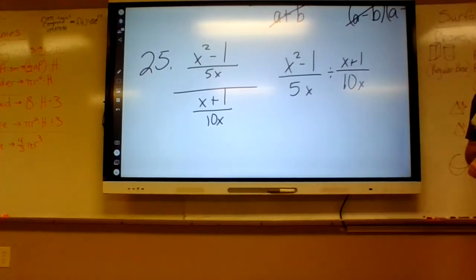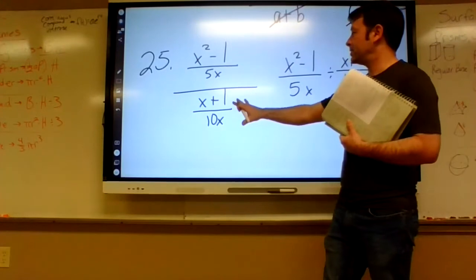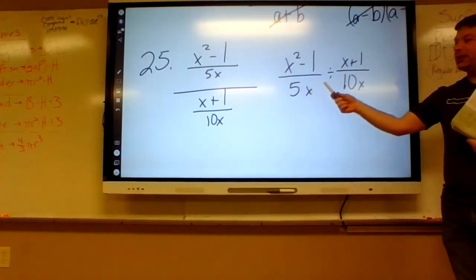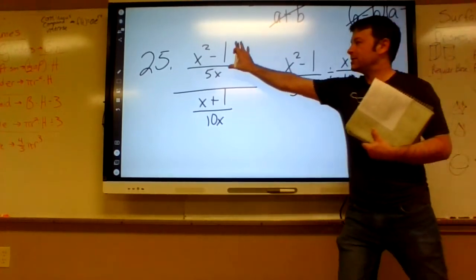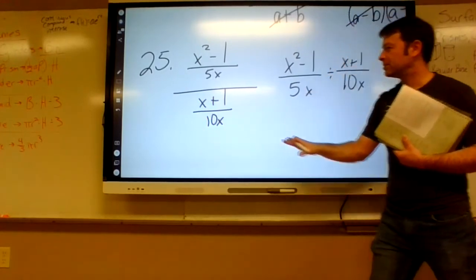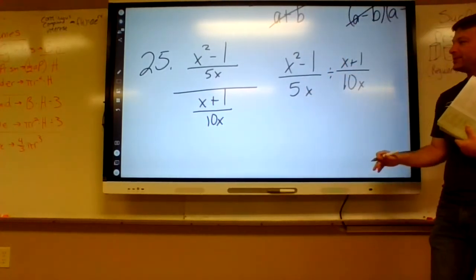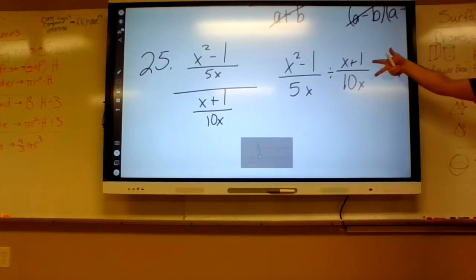This is how the book wrote it, all this business over here. This is another way we could have written it. You guys see what's going on here? It's just this divided by this. So what needs to happen? Flip this guy, and then it's just like all the other problems.